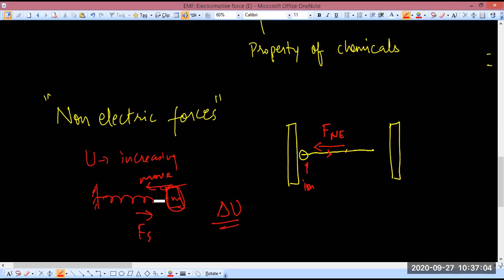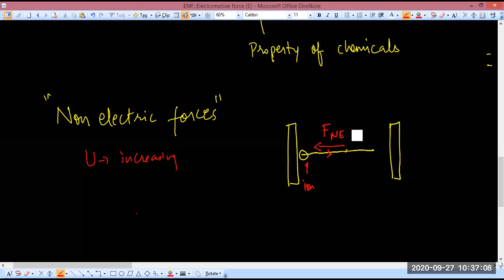Because this ion will move opposite to the non-electric force, it will store potential energy due to Fne opposing its motion.